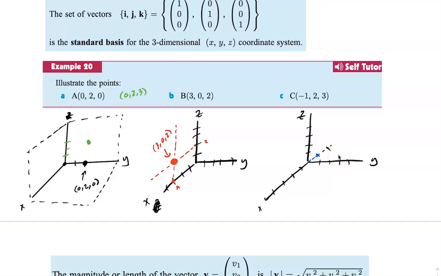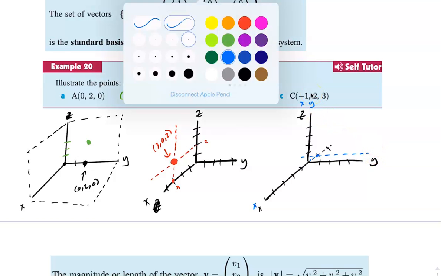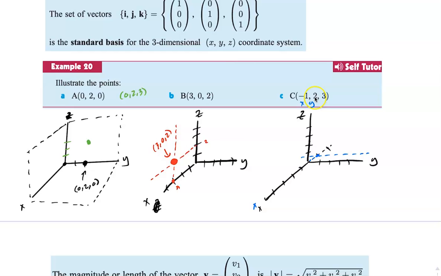But if you want to be correct about it, all you have to do is draw parallel lines. Since I'm on my x, I'm going to draw a parallel line at -1 parallel to y. I'm kind of doing these two right now, x and y. So at the point of my x, I'm going to draw a parallel line to y. And then for my y, I want to go to 2. I'll draw a parallel line at 2 of my y.